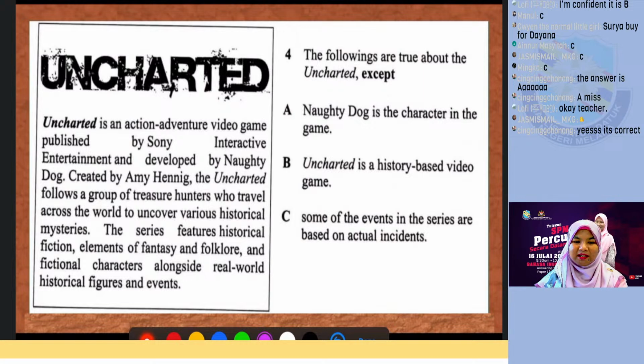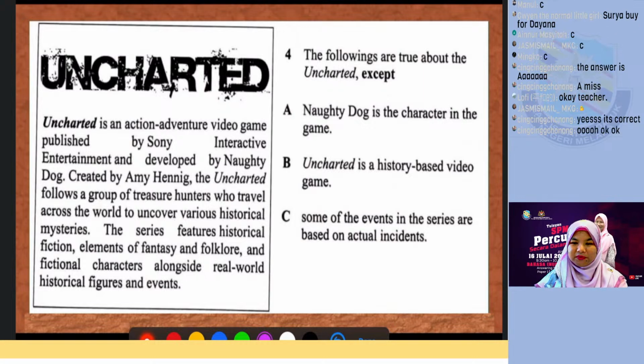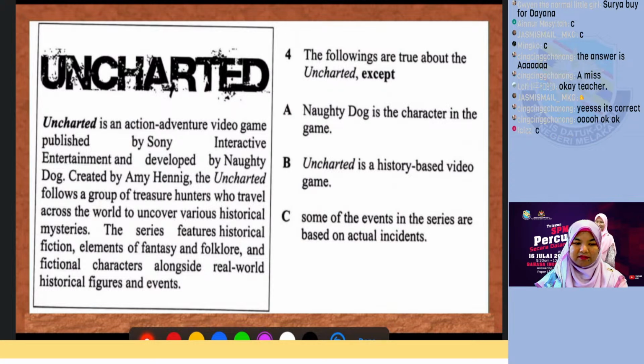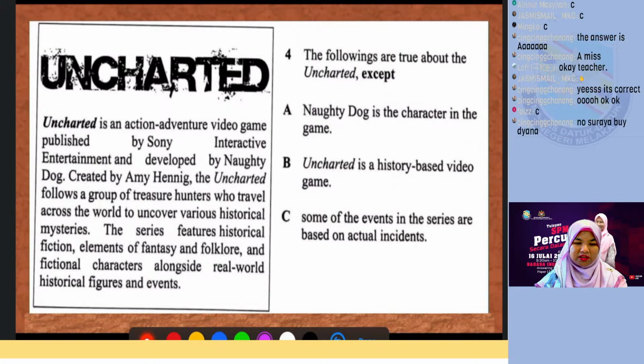Created by Amy Hennig, the Uncharted series follows a group of treasure hunters who travel across the world to uncover various historical mysteries. The series features historical fiction, elements of fantasy and folklore, and fictional characters alongside real-world historical figures and events.